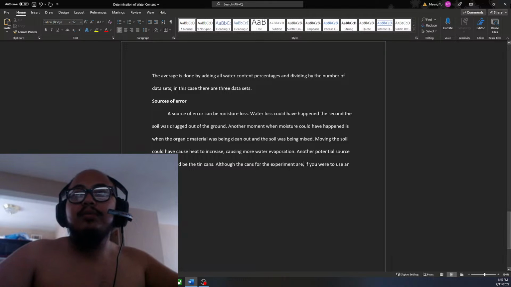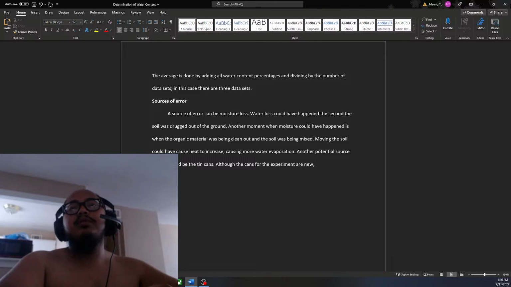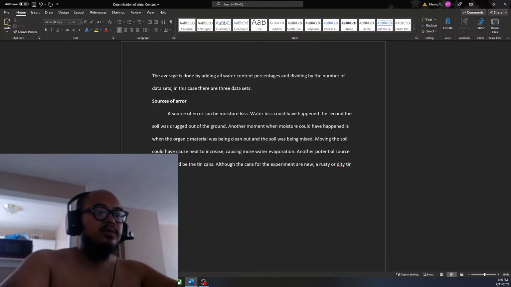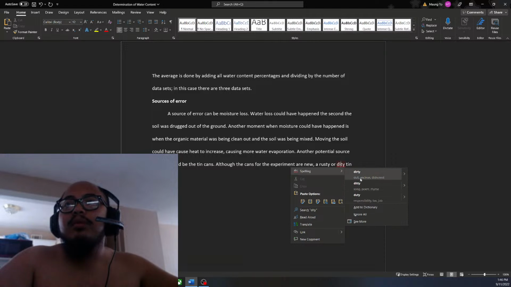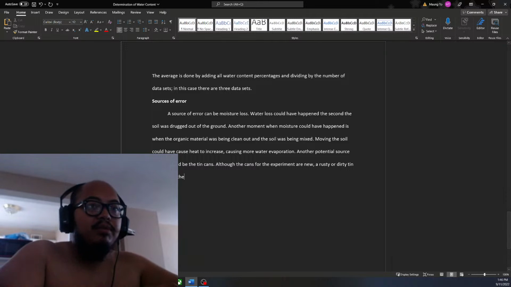Although the cans for the experiment are new, a rusted can can change the mass.